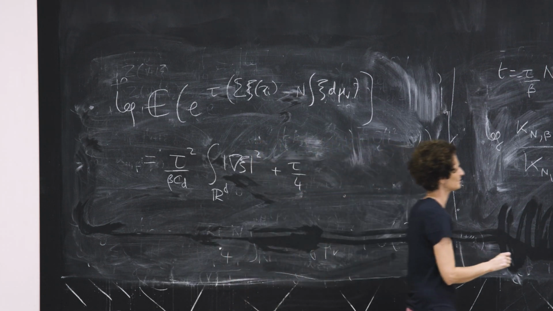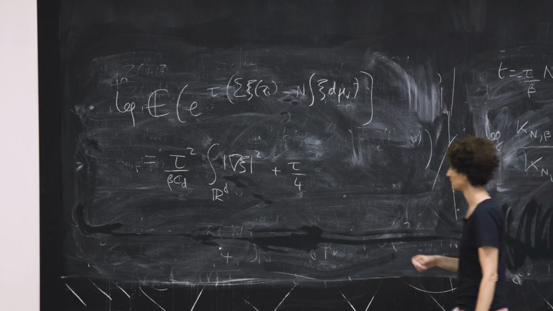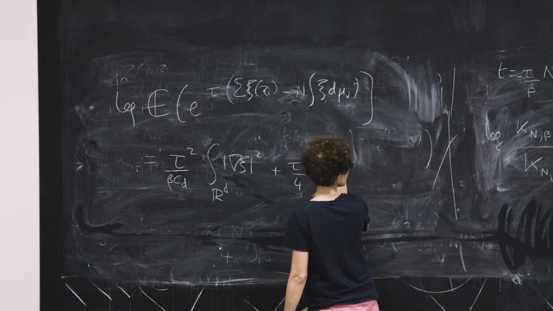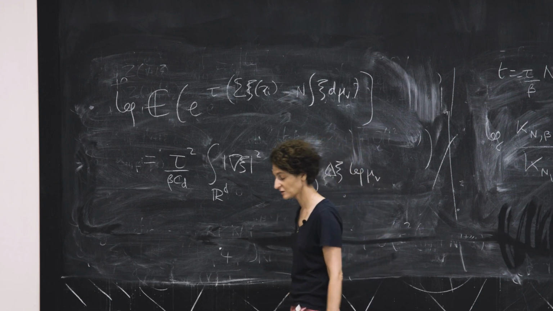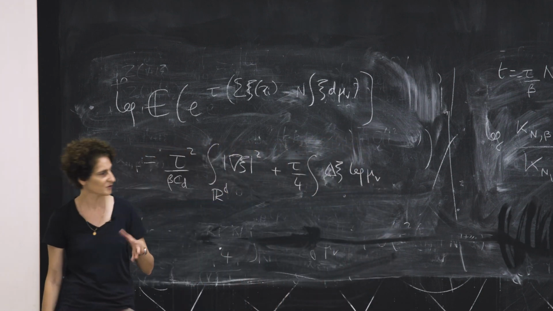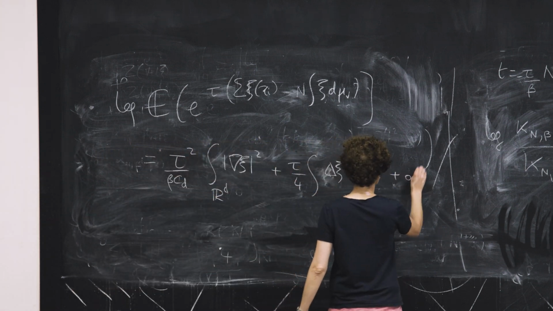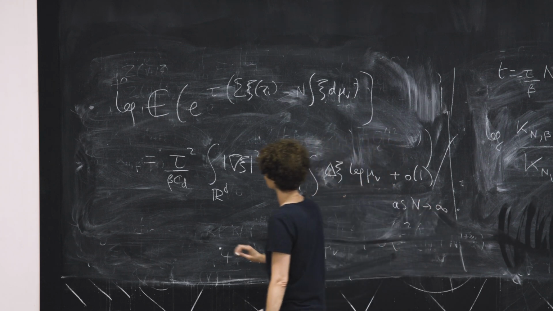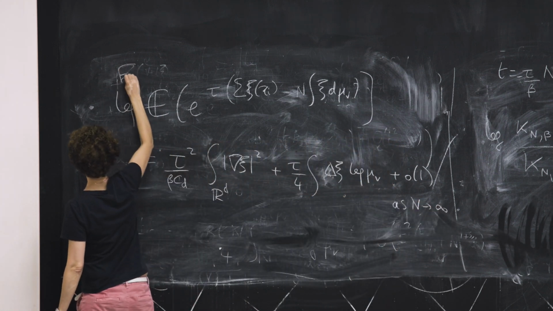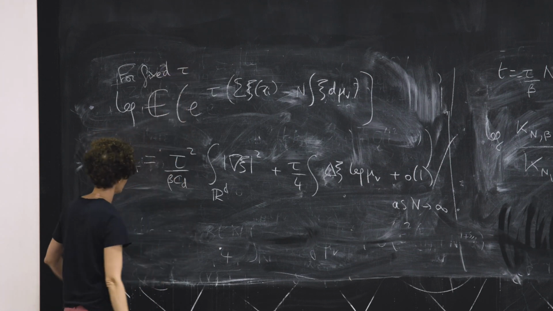I think it has a beta. Okay, so the formulas are not completely correct because I mixed up the equilibrium measure and the thermal equilibrium measure, but what matters is there is some expansion of this form, plus little o of 1 as n goes to infinity. And here tau is fixed.